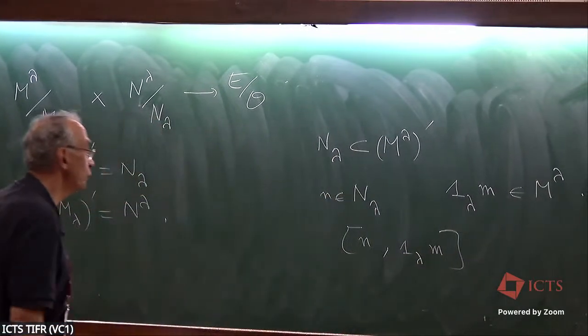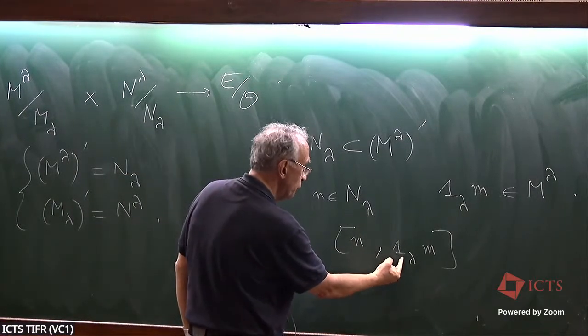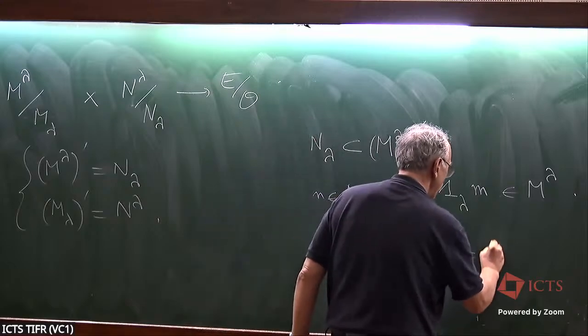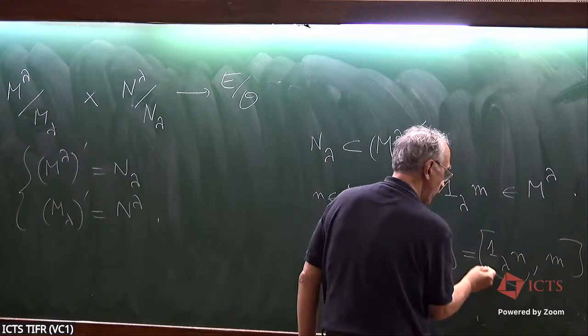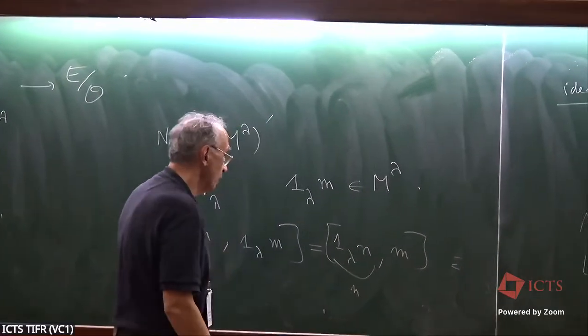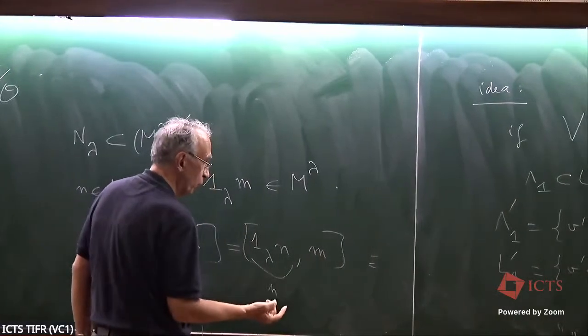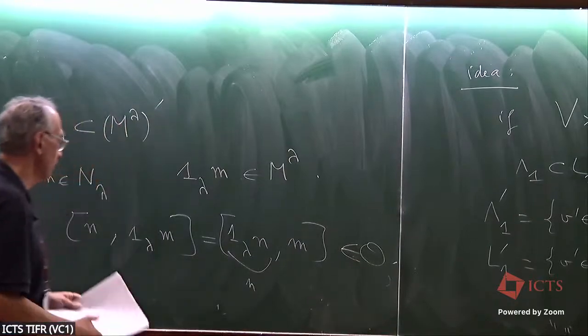What do you get if you do that? Well, I remind you that this is Hecke linear, so you can move the 1_lambda. And if you move the 1_lambda, nothing happens because n is fixed by 1_lambda. So this is the pairing of n and m. So we have two things which are integral, so this is integral, and that's it. So this is one inclusion.